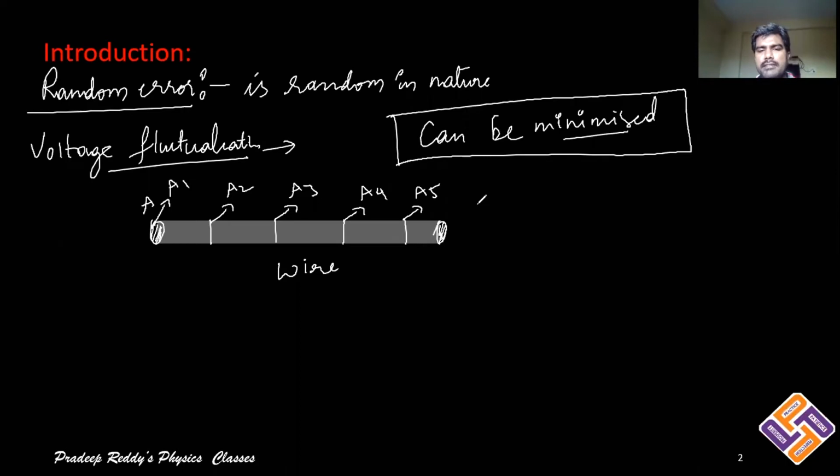This is one example of random errors. Random errors can occur in any direction. They can be either positive or negative. You cannot exactly decide that. This is the second category, which is random error. First one is systematic error. Second one is random error.